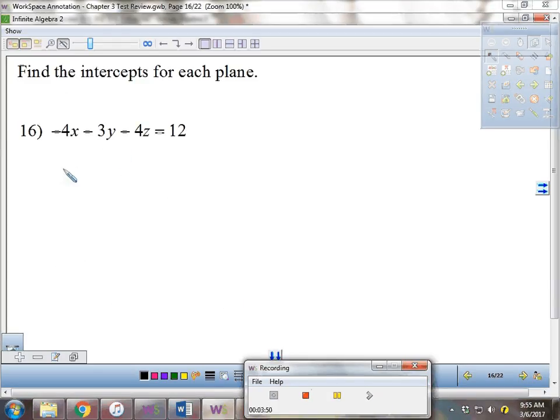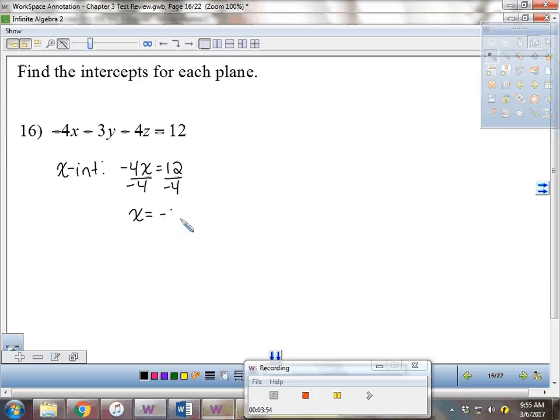All right, so let's find the x-intercept. So that would give me -4x equals 12. Divide by -4, and x is -3. Look, guys, I plugged it in right that time. All right, so then I have -3y is equal to 12 for my y-intercept.